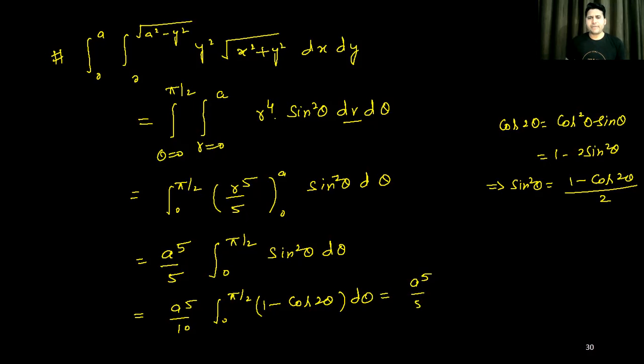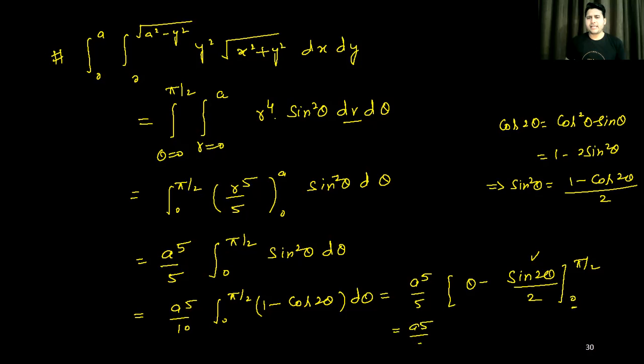Which is equal to a power 5 upon 5. The integration of 1 is theta, the integration of cos 2 theta is sine 2 theta upon 2, limit 0 to pi by 2. If I put the upper limit in sine 2 theta, this will be sine pi, and sine pi is 0. When I put 0, sine 0 is also 0.